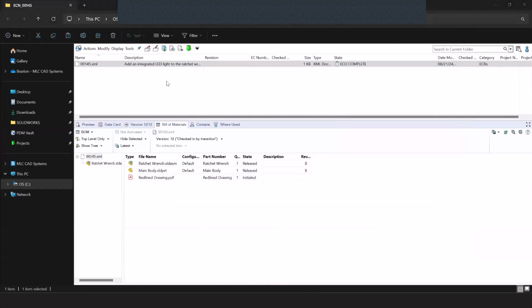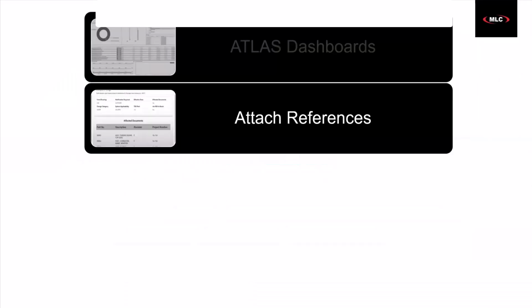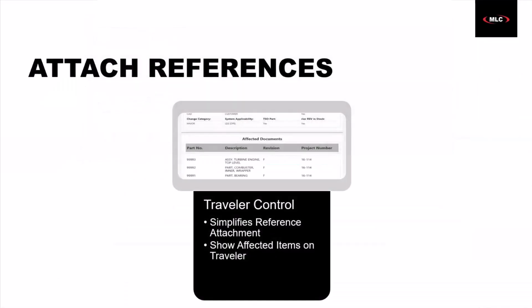So this has now been released. It's complete. The CAD files are also released, and that revision has now been bumped up to revision B. So with our attached references, we make it easier for that traveler document to be utilized with creating our custom references, and also, more importantly, mapping the file properties to and from the child and parent documents.